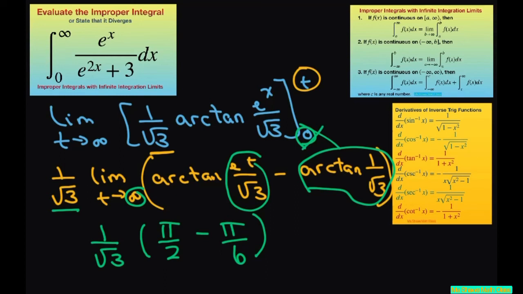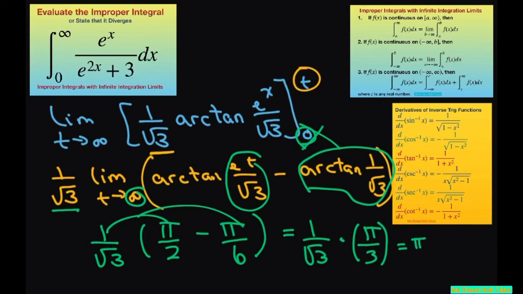So when you simplify this, you're going to get 1 divided by square root of 3 times pi divided by 3. I just distribute it here. And that's going to give you pi square root of 3 divided by 9.